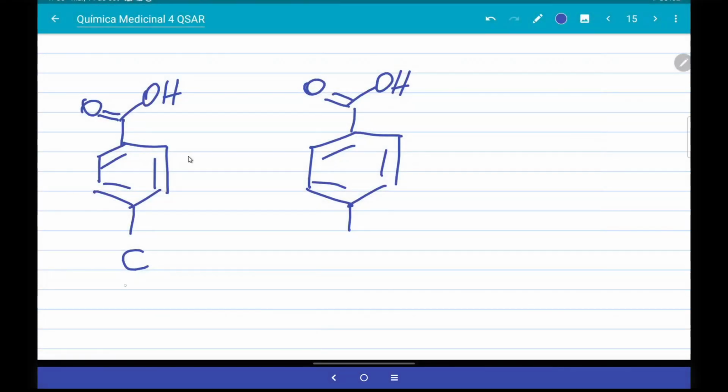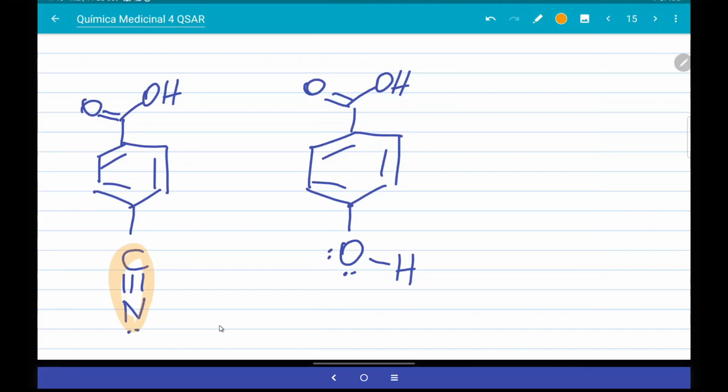Then in which of the two is the Hammett sigma positive? Well, here it is clear that the two groups are different. One is going to be positive and the other negative. The hydroxyl is the electron donor. And how is this group called?